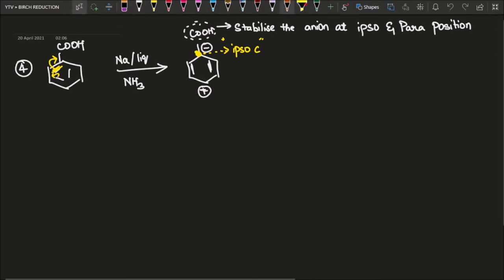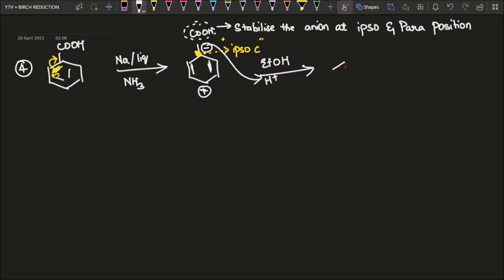So the next few steps are almost similar, so I'll write it in a single step. In the first step we add ethanol. When you are adding ethanol, this negative charge is going to get neutralized by this H plus. So we are going to get the benzene ring, and here you are having COOH, and here you are having a positive charge.